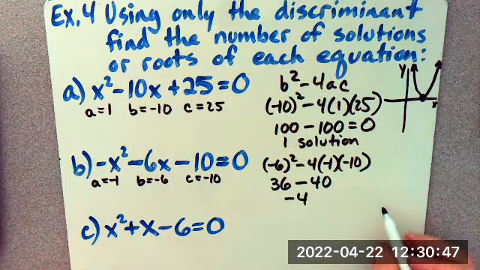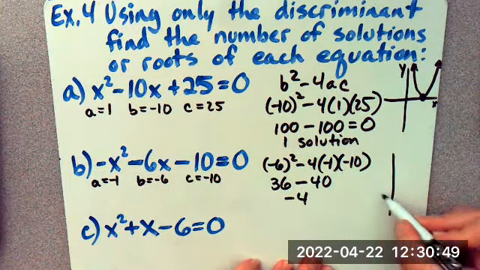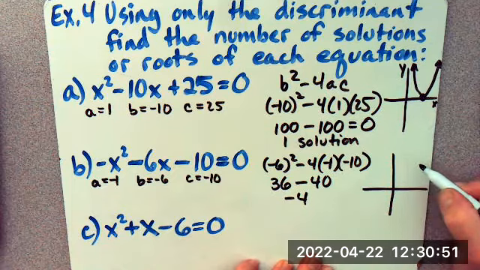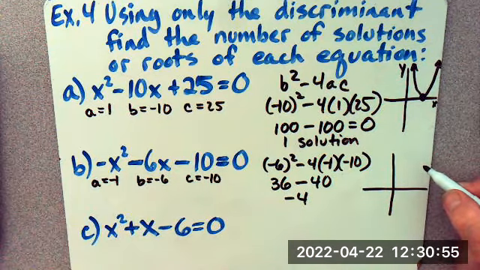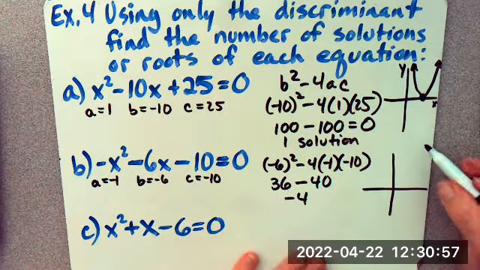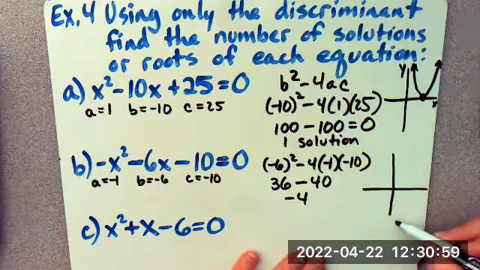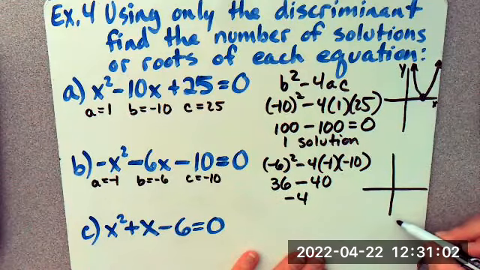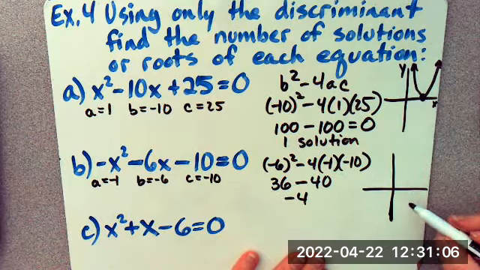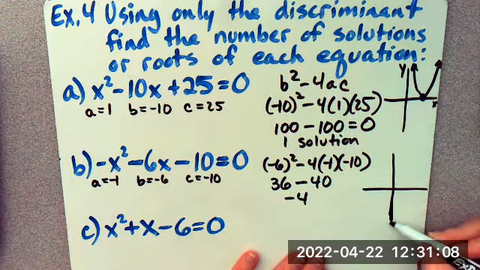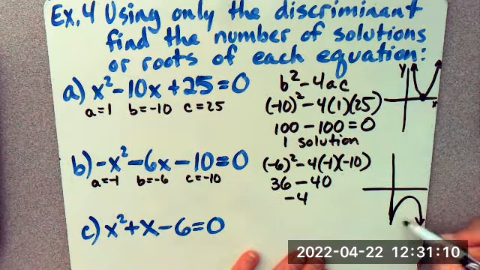So what that means is there's no real solution, and the parabola, which is going downward from this direction, doesn't ever hit the x-axis. So it's actually down here at -10, and I'm just making an approximation on this one.